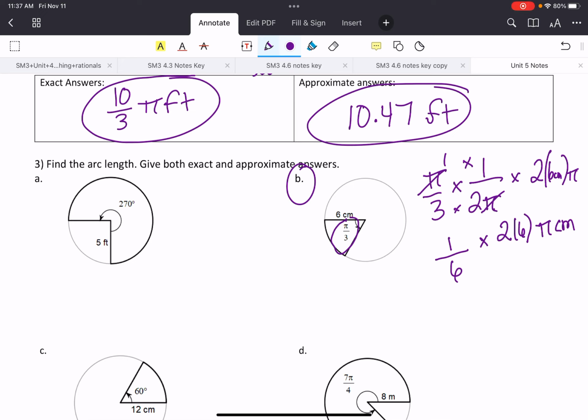We multiply straight across. 1 times 2 is 2. 2 times 6 is 12. 6 times 1 is 6 pi centimeters. 12 divided by 6 is 2 pi centimeters. So these are both our exact answers.